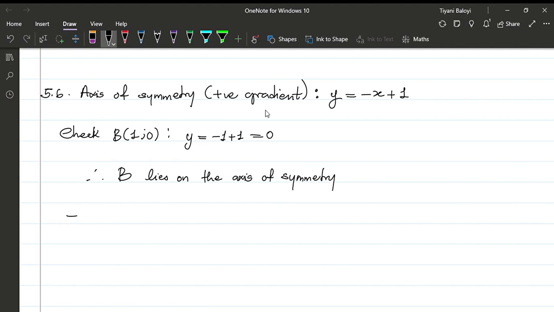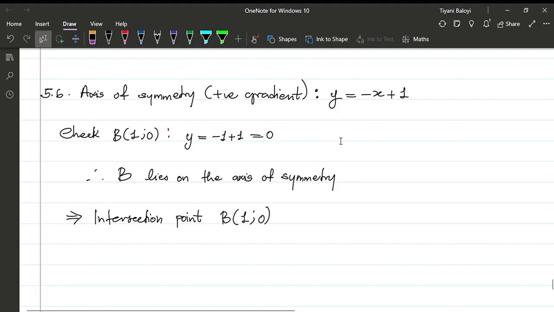And then we can conclude that the point of intersection is 1 and 0, right? So yeah, this is what we have.